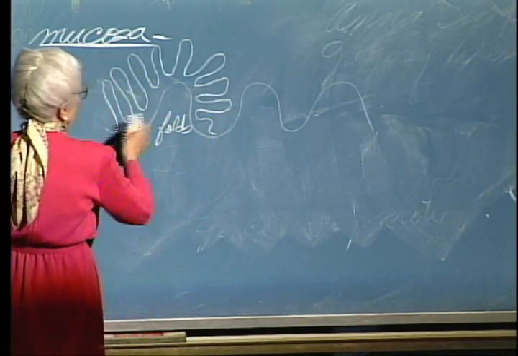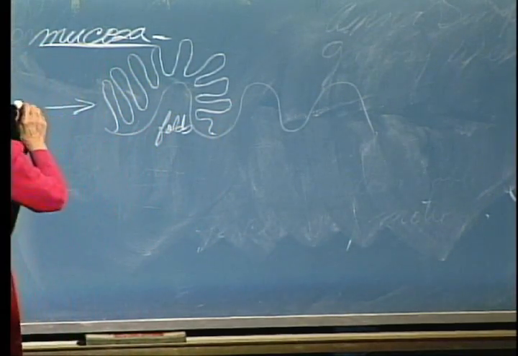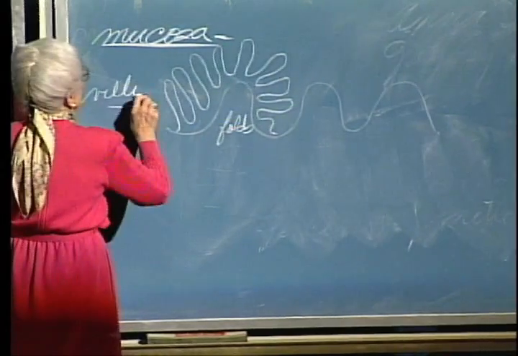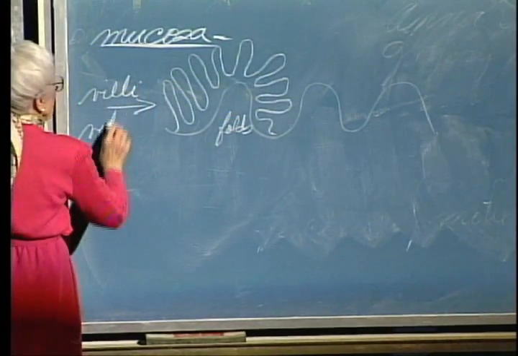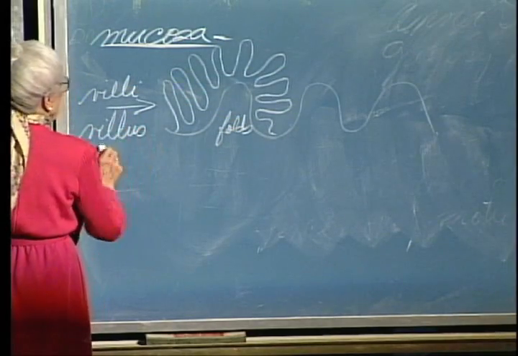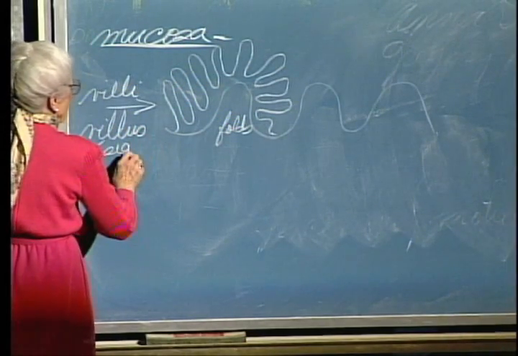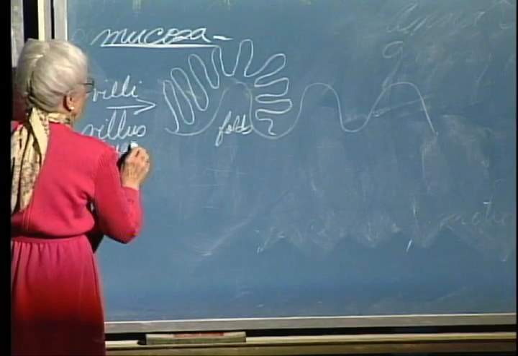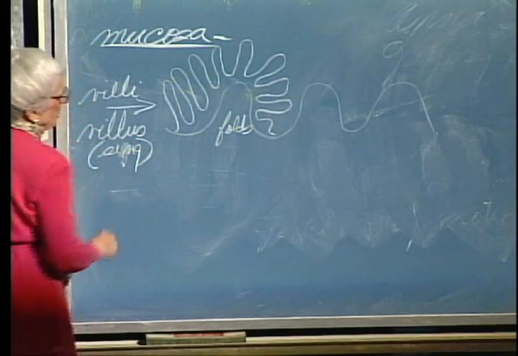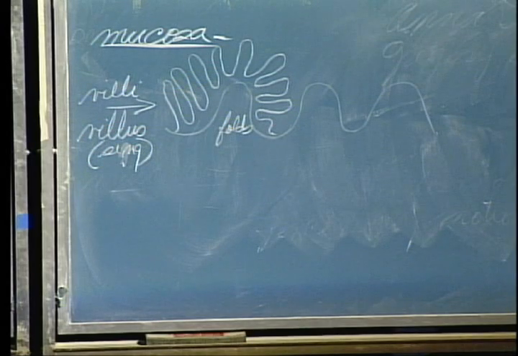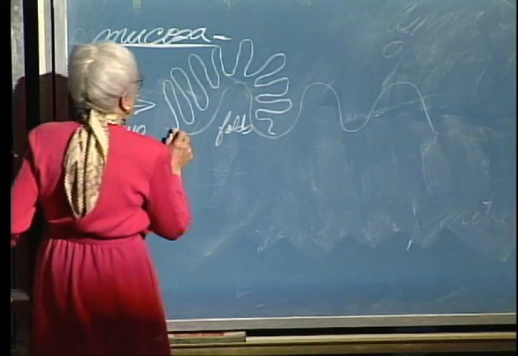And these projections are the villi, collectively, singularly, a villus. And they will have what used to be called with the light microscope a striated border on their surface.